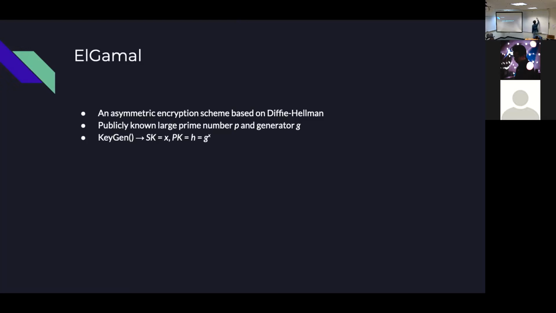So we're just going to generate some random number x and say that is our secret key. Pretty straightforward. Now, remember that in Diffie-Hellman, to make the public component that we can send, we raised G to the power of that number. We're just going to do the same thing here. We're going to say our public key is just g^x. In algebra, sometimes we also call it h, so that's what I'll use here.